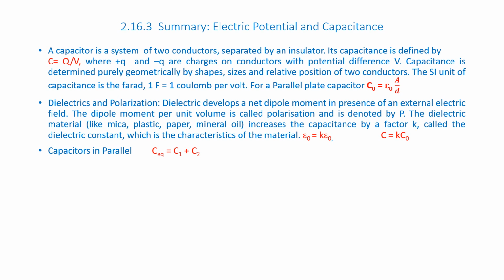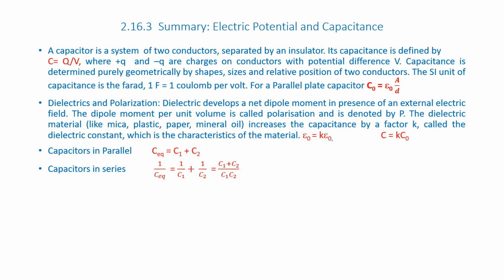Capacitors in parallel. When we connect two capacitors C1 and C2 in parallel, the equivalent capacitance is given by C equivalent equals C1 plus C2. Similarly, if we connect capacitors in series, that is side by side, their reciprocals add up.